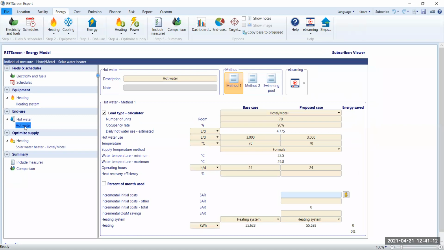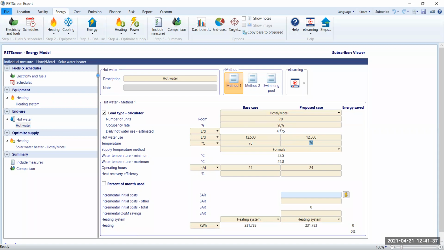We'll be needing hot water, and this is where we put some of the information that we are interested in. So we have a hotel, but our amount of water is 12,500 liters per day. We can do that instead of specifying the number of rooms and the occupancy rate.